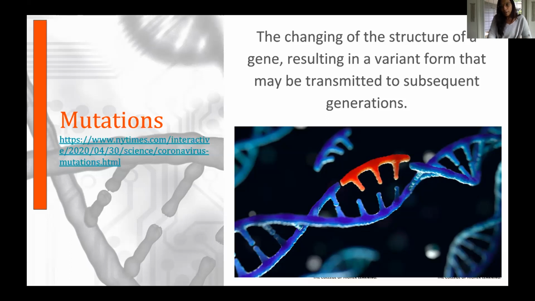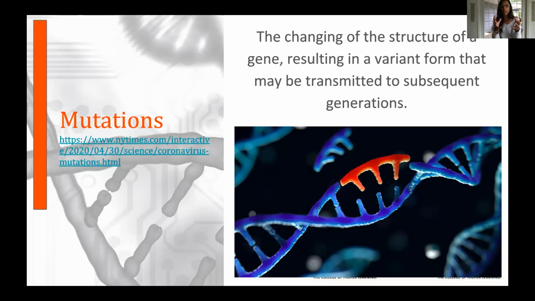The thing about viruses is that they tend to mutate and mutate often. We'll talk about rate in a minute, but they tend to mutate very quickly. This is because viruses have a really neat way of replicating. They need to get into a host cell, and they hijack the host's machinery to make more copies of themselves. A virus is really mostly DNA or RNA or some kind of nucleic acid.